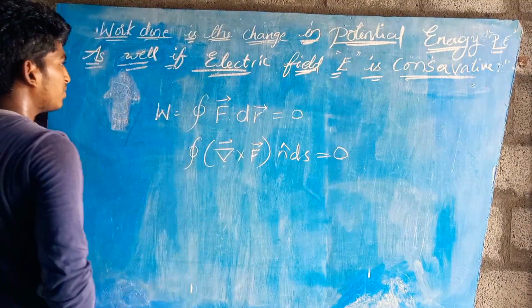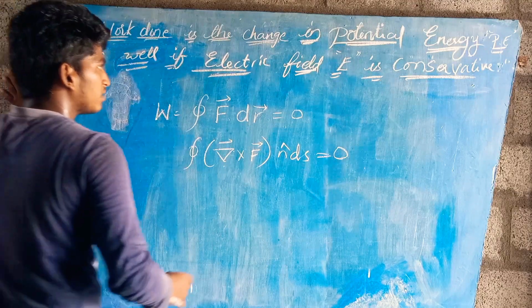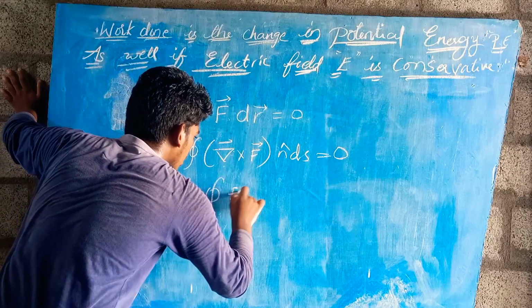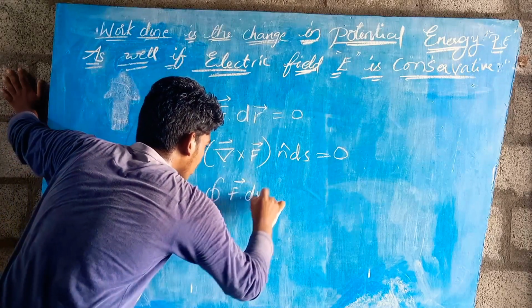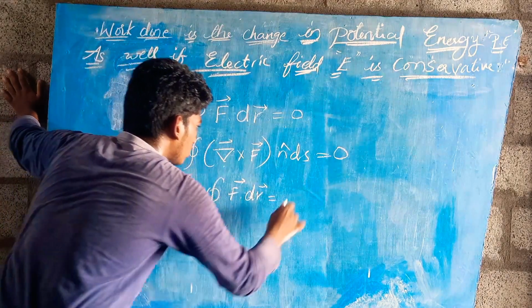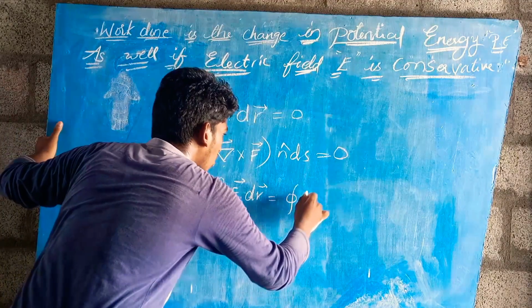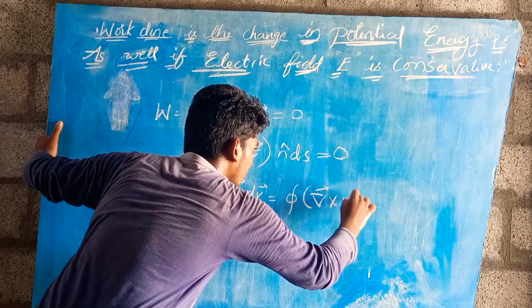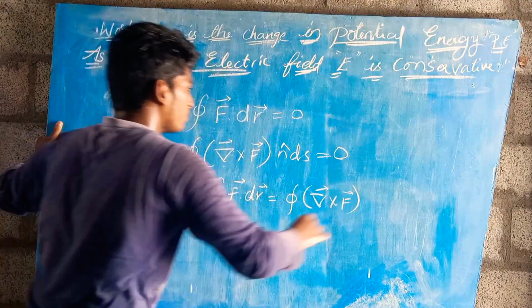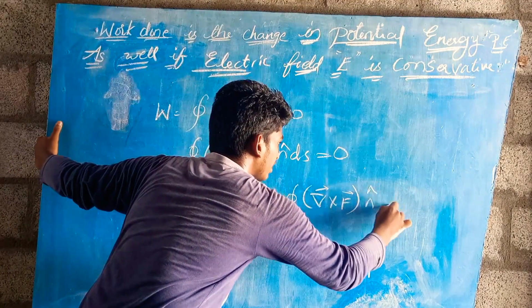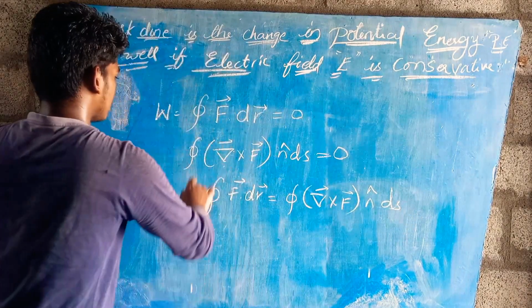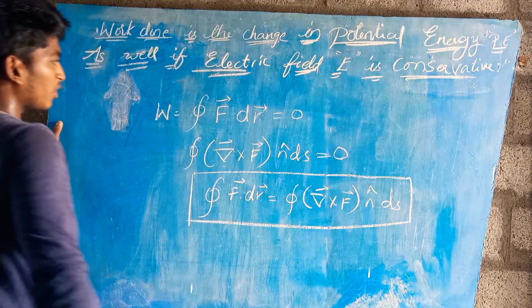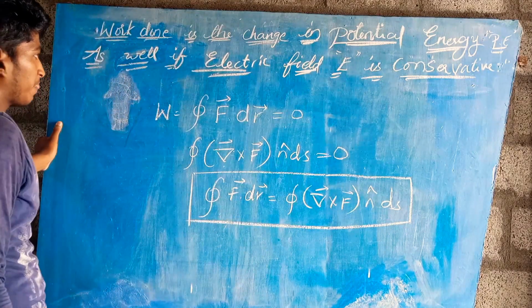This relationship is by Stokes theorem, which says the closed integral of F dr is equal to the surface integral of del cross F dot n cap dS.